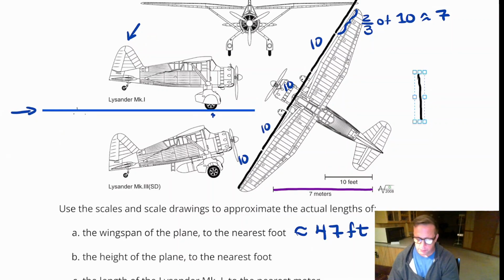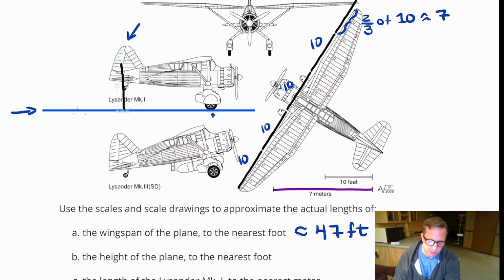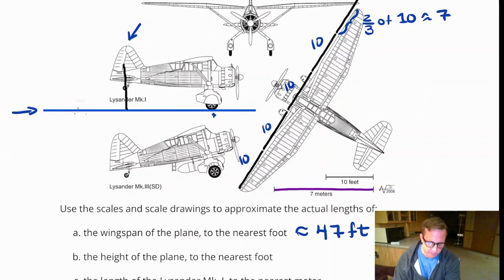I paused it here because I wanted to make a height segment that was equal to this. Here it is. This thing I'm dragging around is exactly the same length as the 10 feet. I'm going to drop it over here because I want to know how tall the plane is. There's 10 feet right there. I'll paste another part of it, and that's maybe a half.